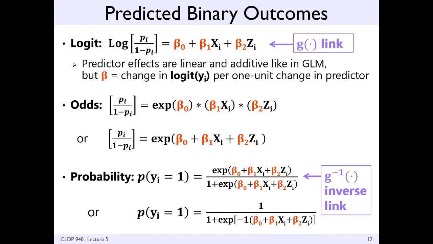So here is one of the big differences between the world of IRT and IFA. They are the same. They are two equivalent versions of the same idea of a logistic regression type model predicting item responses from a latent trait. IFA models are written in the top. They predict the logit. IRT models are written in the bottom.